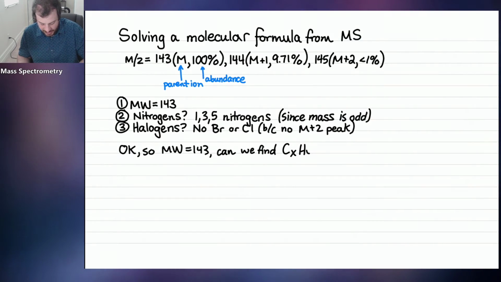CX, HY, OZ, NW, etc., etc., etc. Can we figure out what all those variables are and figure out, is this a C12H18O2N? Like, what's the formula for this? So here's a trick. First order of business is to try and find the number of carbons. And we can use the ratio from M and M+1 to find that. So here's the trick.